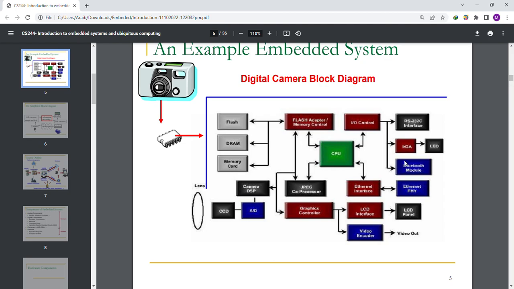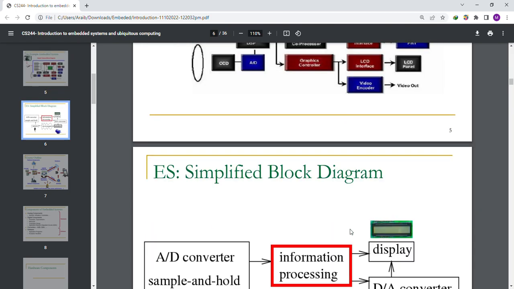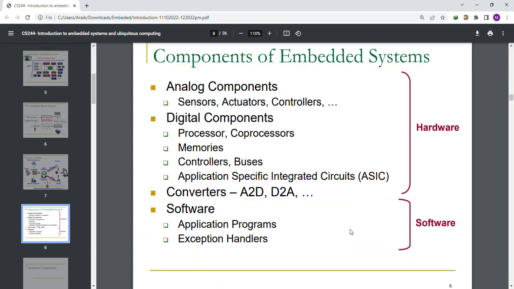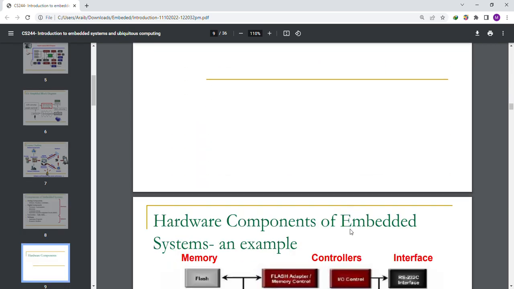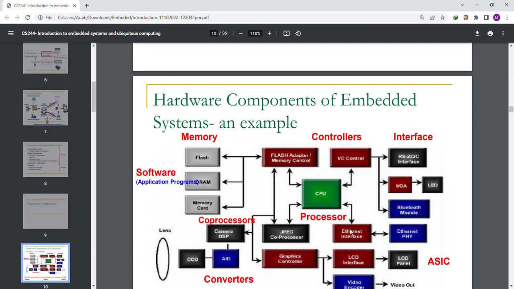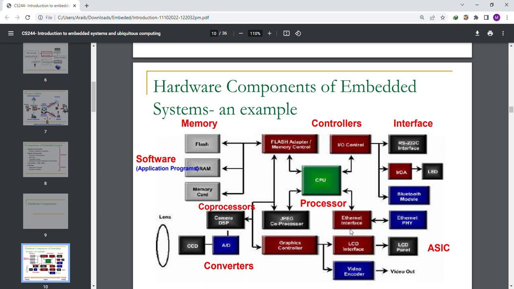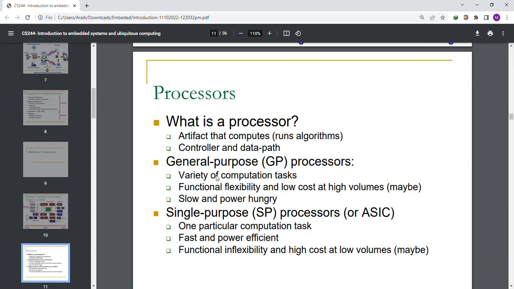Basically, these are the hardware components which we are going to see in slide number 10, hardware components of embedded system. An example: these are memory and controllers, interface, CPU is the processor. These are converters. And let's move to the next slide.